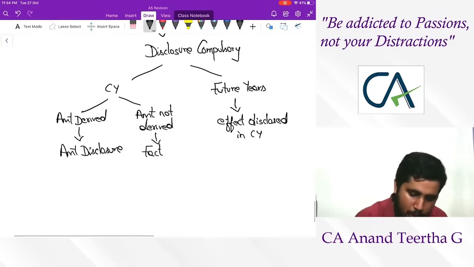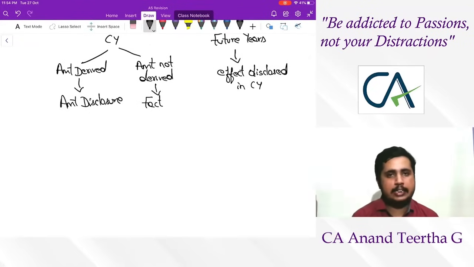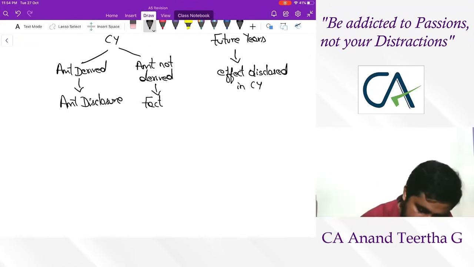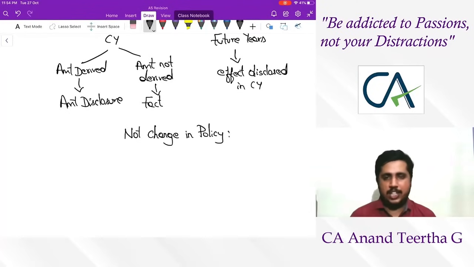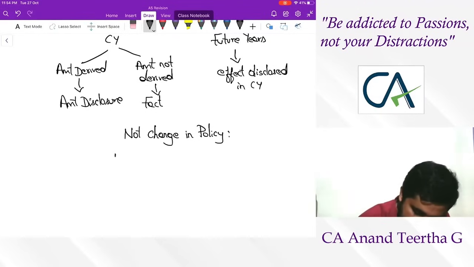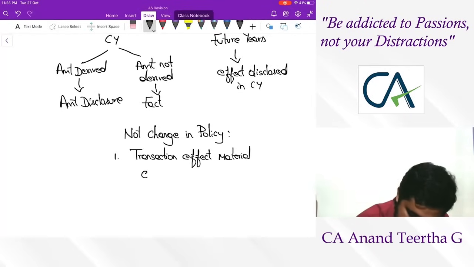But there is one important thing which you have to understand. Normally it is targeted in the exam. What it is? Not change in policy. There are certain elements which you have to understand. Not change in policy. Even though you find that there is a change, this is not considered as a change in accounting policy. What are they? Number 1, transaction effect, material changes.